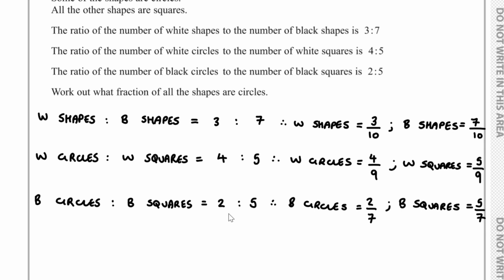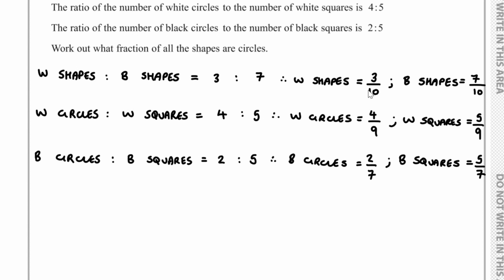Well, if we think about this, the fraction of white shapes is 3/10, and of those 3/10, 4/9 of those will be white circles. So here, what we can say is 4/9 of the 3/10 are white circles.